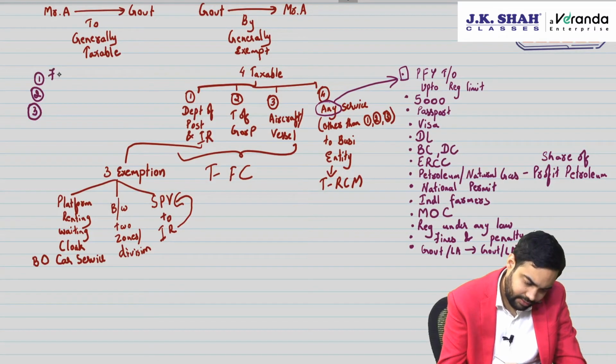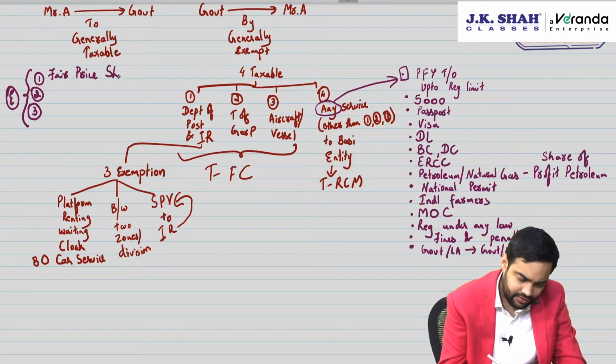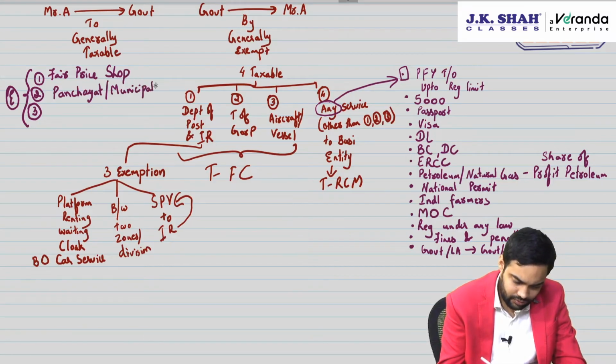First one is fair price shop earning commission or margin. Then you have any panchayat or municipality related services, and there are two exemptions. One is pure service and one is composite service.